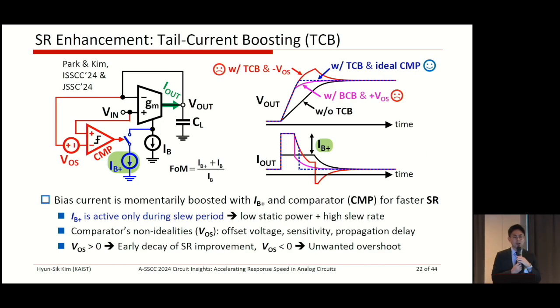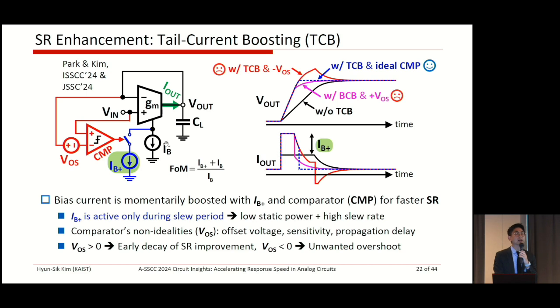This is the conventional design, and we can boost the tail current only for the initial response time, only during the slewing period. The black line is without tail current boosting, but the blue line response is with the tail current boosting technique.